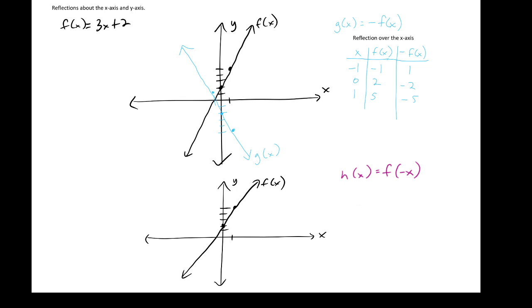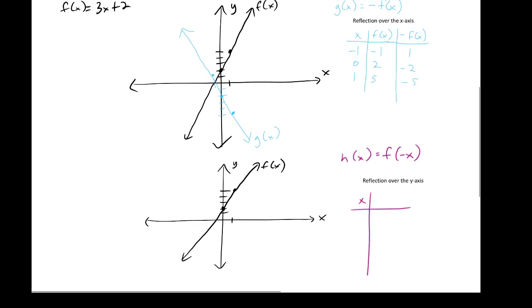This guy is going to be a reflection over the y-axis. And here's how it works. Again, if I had my x, and let's use -1, 0, and 1, we already have my f of x. We already did that. That was -1, 2, and 5. But if I have my f of negative x, it's going to be a little bit different here. What's going to change is that my x is going to change.